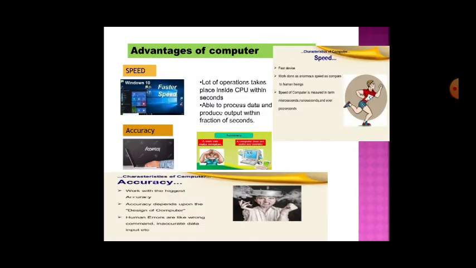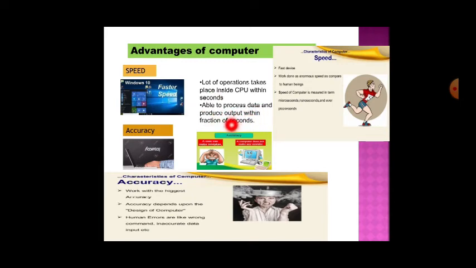Fine. Next, advantages of computer, the same thing. It has speed. A lot of operations take place inside the CPU within seconds, and even the user will not know how the operations take place inside. So much processing speed is there. It is able to process data and produce output within a fraction of a second.